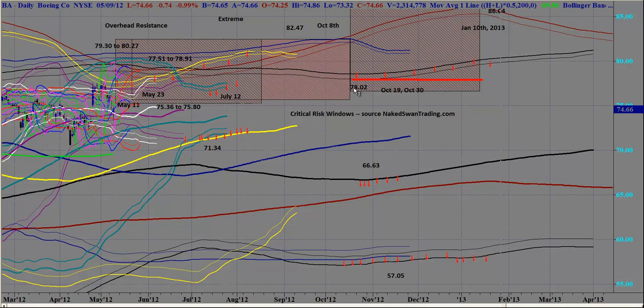And the point is that the longest it would take for the market to really get ugly would be, I would say, going into May of next year, an extremely dangerous period for volatility.